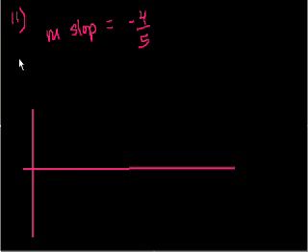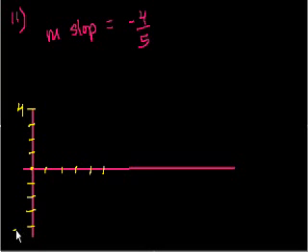So let's draw line M. Let's just assume that the origin is 0. They don't tell us that, but they don't tell us it's not that. So that's 0, 1, 2, 3, 4, 5. And this is 1, 2, 3, 4. I just want to draw it so you understand.